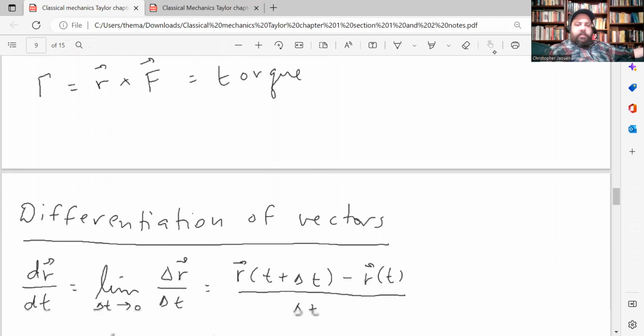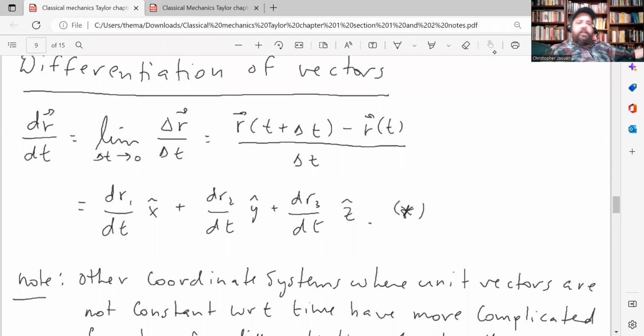So what else? Differentiation of vectors he defines. Again, this is something that we're going to do in Shiffrin, so I'm not going to spend too much time on this. But if you want to differentiate a vector with respect to time, it's defined to be the limit as delta t goes to 0 of delta r over delta t. Delta r is this difference of vectors on top.